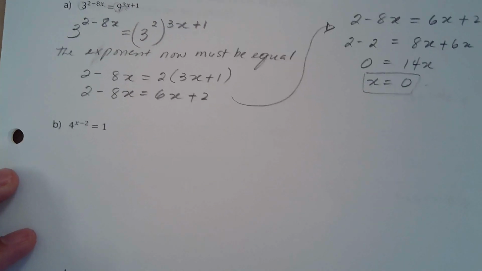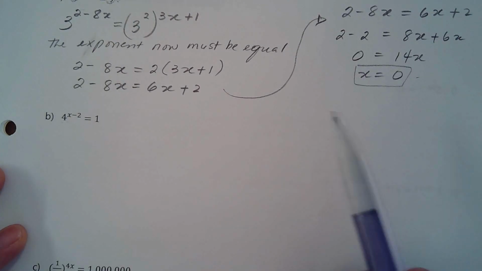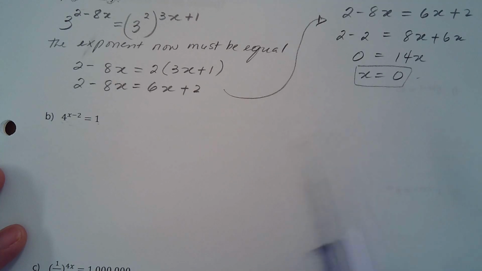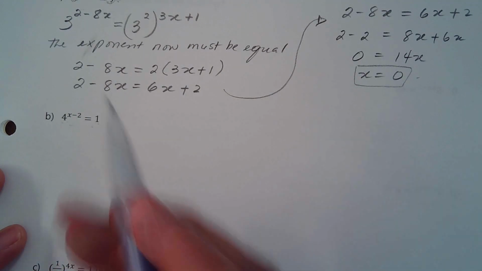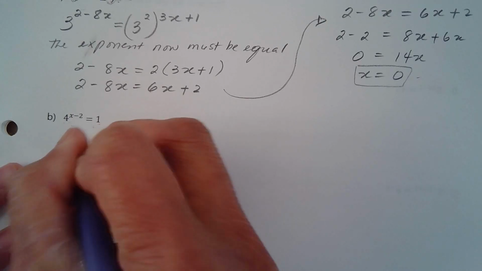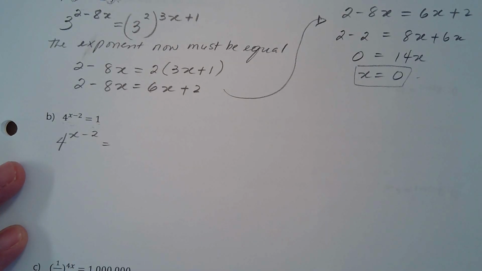Take a look at B. Now this one here, you can make this the same base. 4 to the x minus 2. Okay, how can we make this the same base? 4 to the 0.